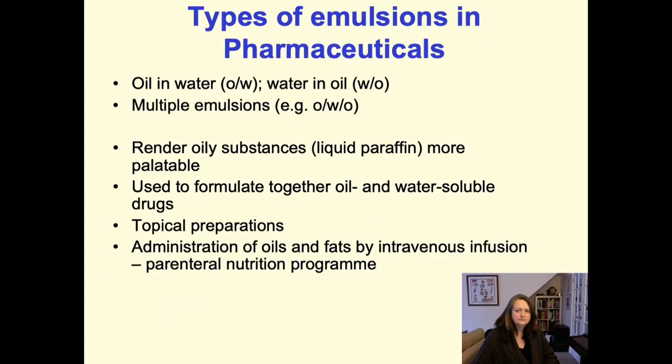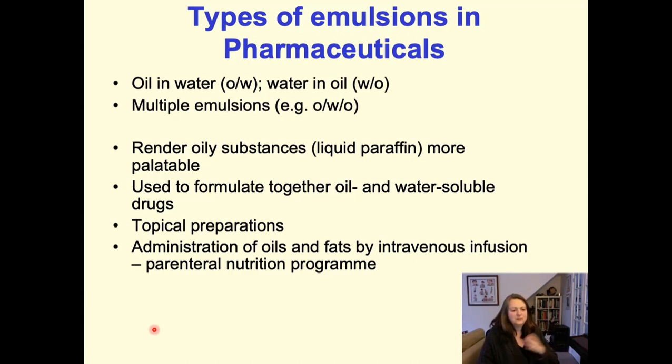And emulsions are used a lot in pharmaceuticals as oil in water emulsions and water in oil. So it depends on which is the continuous phase and which is the dispersed phase. But also multiple emulsion systems. So where you have oil droplets in water droplets, in oil droplets. These can be used to control the rate of release of a drug.